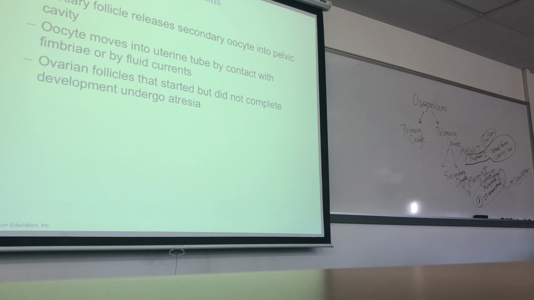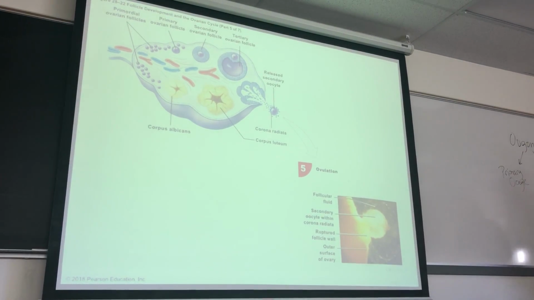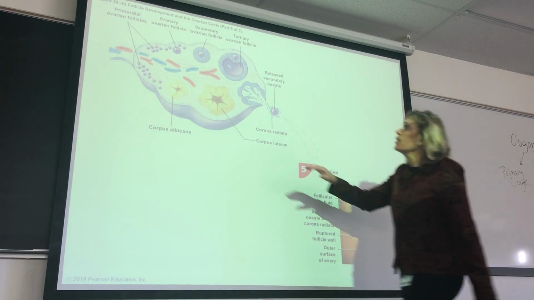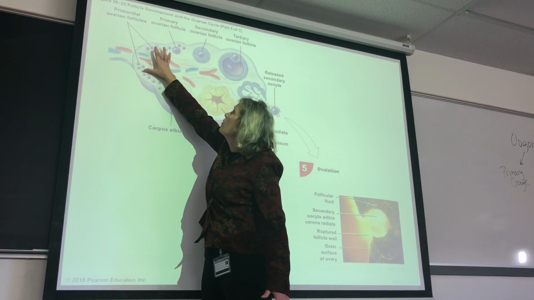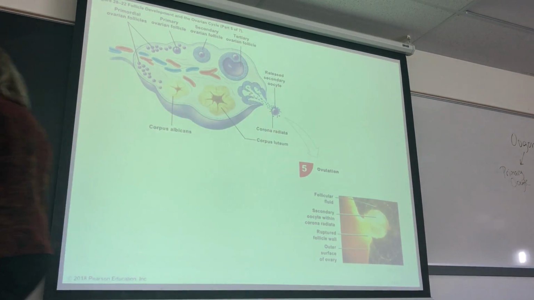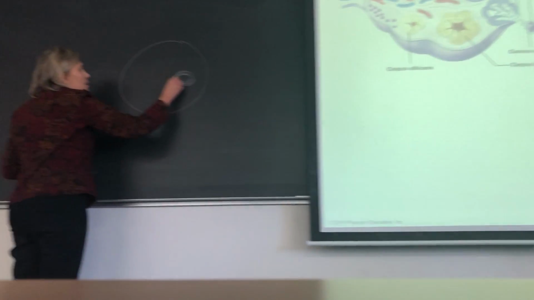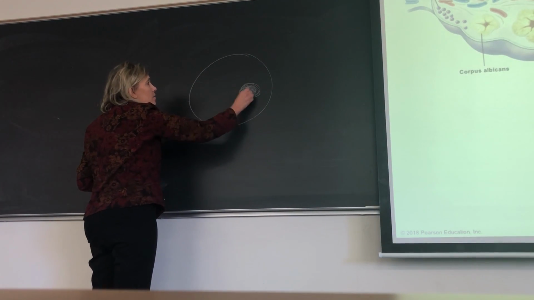So the follicular phase, let's look at that. Here you have a bunch of primary ovarian follicles. So they're just a bunch of cells. You know, here's the primary oocyte right here, and the primordial ovarian follicles are surrounding that primary oocyte.